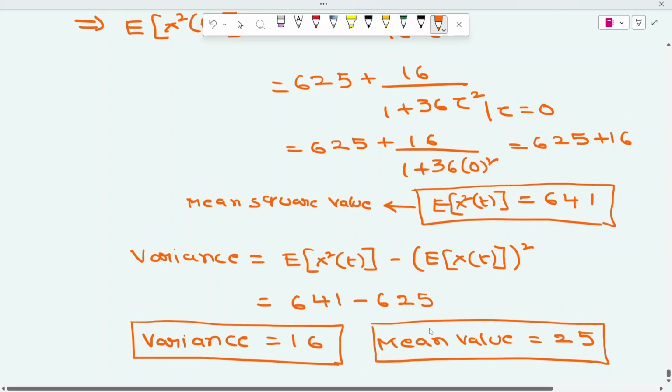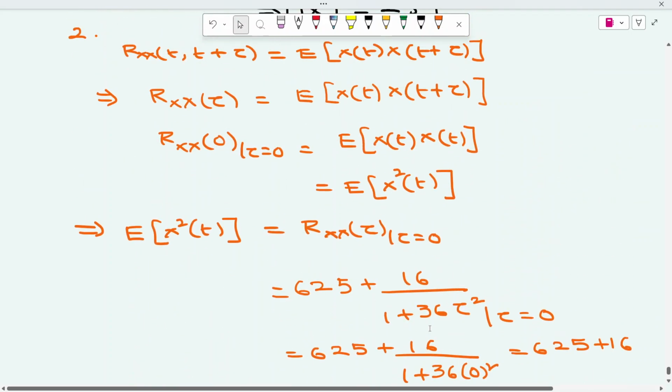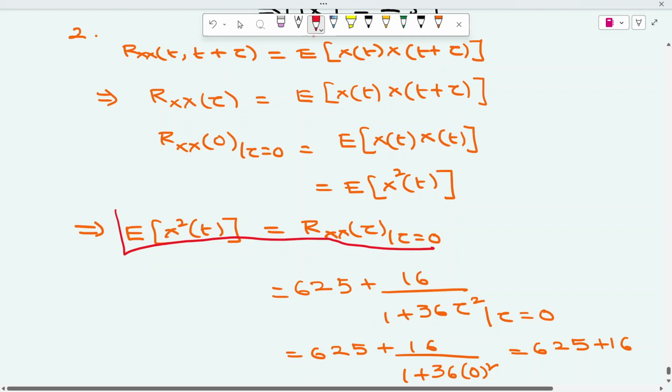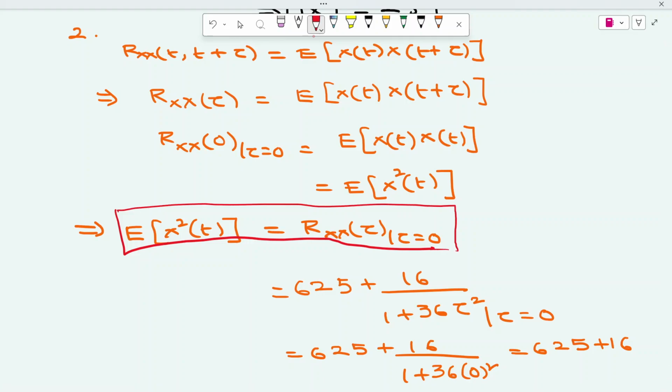Here we have used two properties. One property is that expectation of x square of t we can get from the autocorrelation function by simply substituting tau equal to 0.